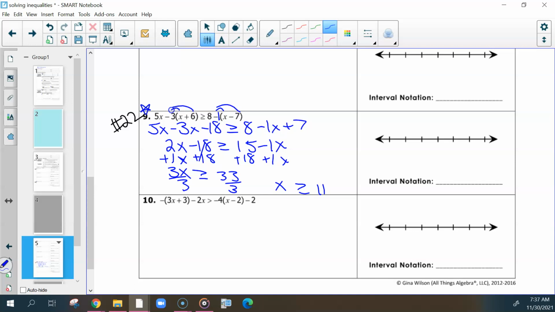Now, let's say that you solved this and your x ended up on the right instead of how I did it. So you got this, the negative, and that also would have been less.